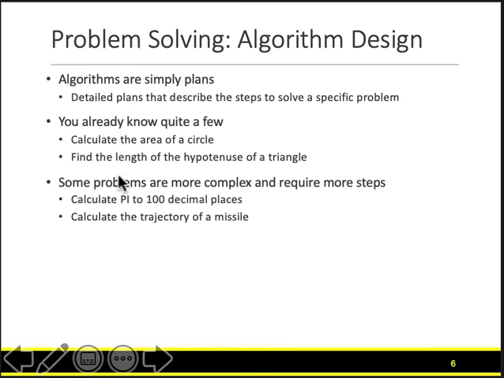Examples given: calculate the area of a circle, for instance. So the area of a circle is what? Pi r square, I think. Yeah, pi times radius square, right? So the first step in designing this algorithm is, what are your inputs?